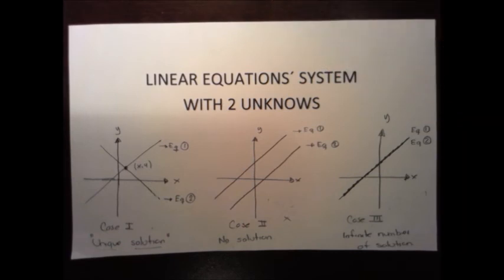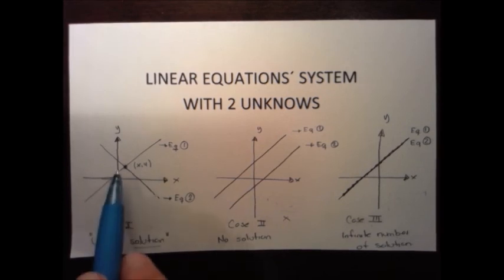Finally, the only thing that I'm going to say is that when you try the three methods that I have already showed you, if you have numbers for x and y, it means that you have a unique solution.